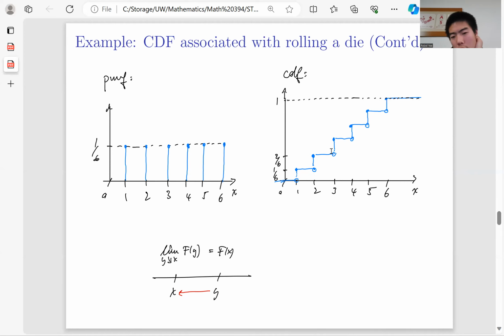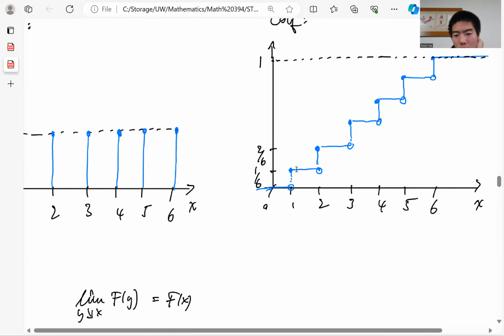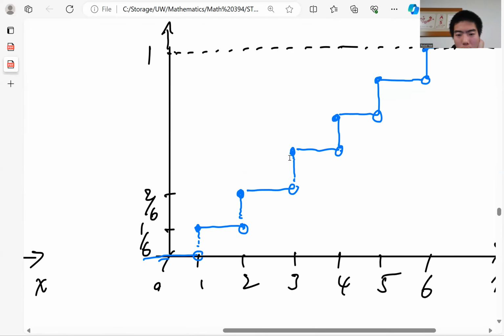But it is right continuous. If we give a better sign, the value at 2 is equal to 2 over 6, but all the values to its right are also equal to 2 over 6. So when every point goes to the right, it's continuous. Just think about this point: you can never go to 3 from the right.